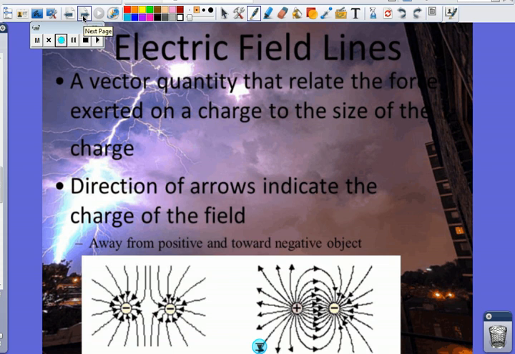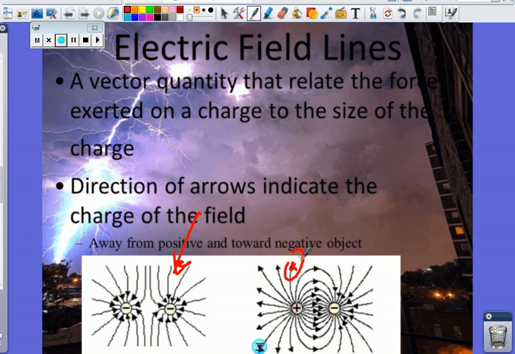The other way that we represent some things is with electric field lines. Remember, negatives have electrons coming towards them. Positives are losing their electrons, so they become positive.